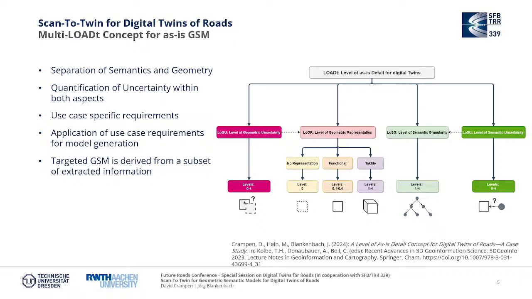And well, to actually tell the whole story, or at least hook into the keynote presentation we got today, here once again is our concept for deriving the requirements of specific use cases, where the idea is that we first of all have the use case, derive some specific requirements to have a targeted GSM generation process, and then we can apply these requirements to our superset of extracted information to have a more efficient representation of the relevant items and entities for our use case.